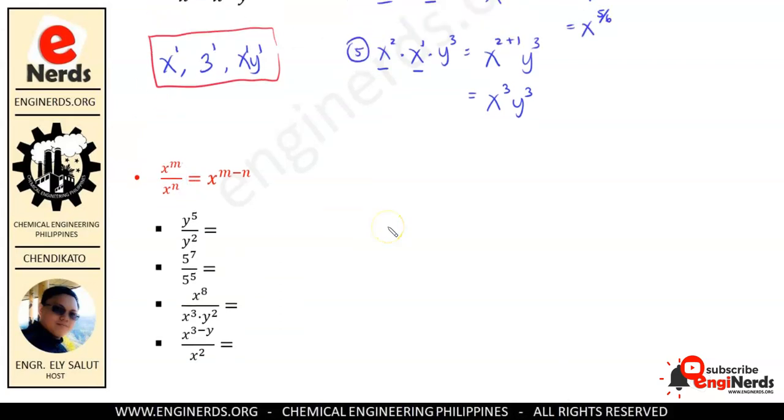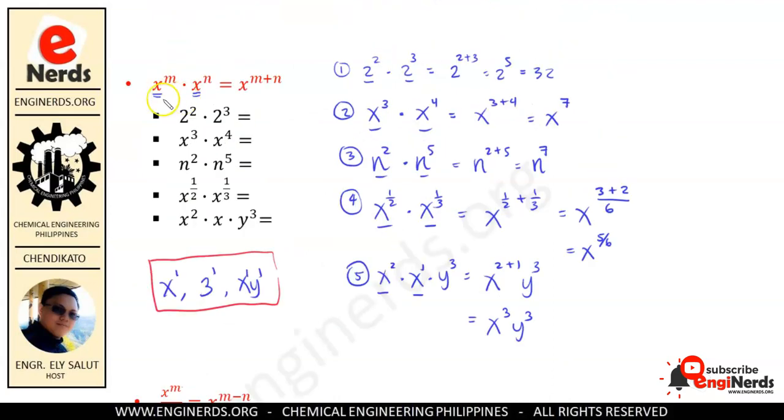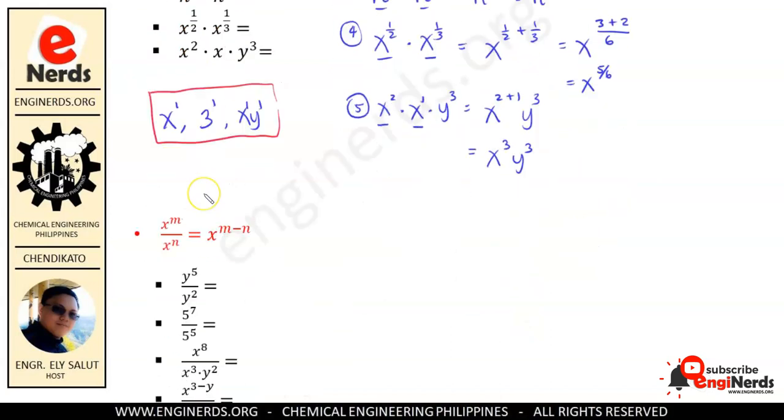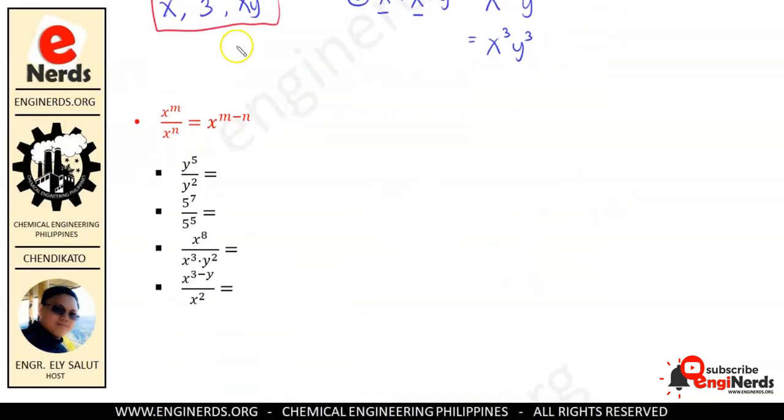Well, as you can see, if you multiply terms with the same base, you just add their exponents. Now, if you divide terms with the same base, you will just have to subtract their exponents. So, that's it. When it is multiplication, you add the exponents. But if it is a division, you will subtract the exponents.